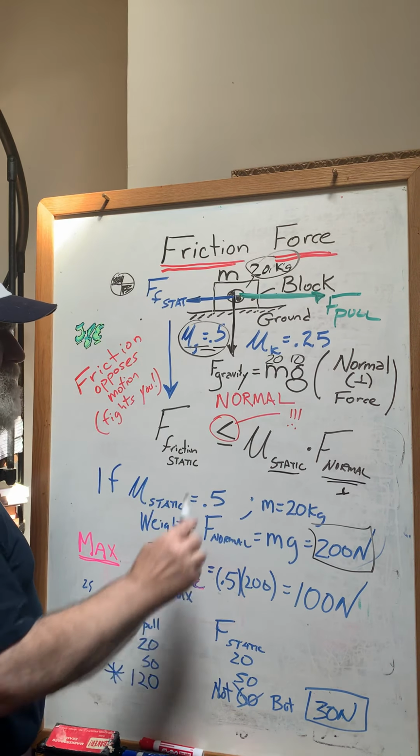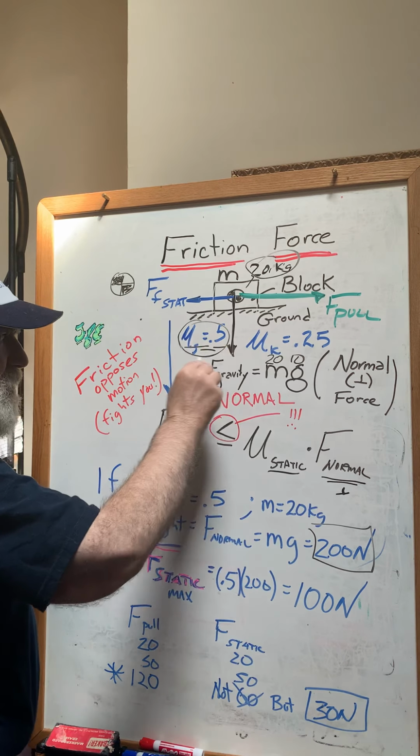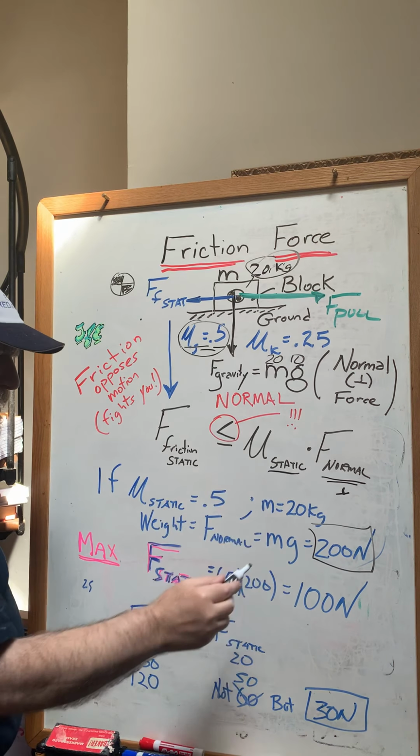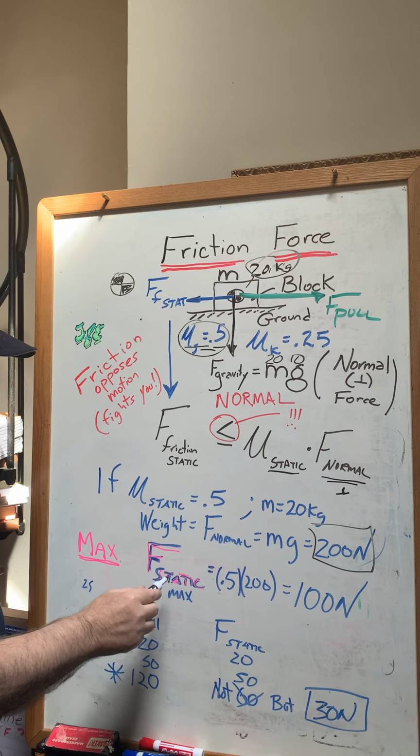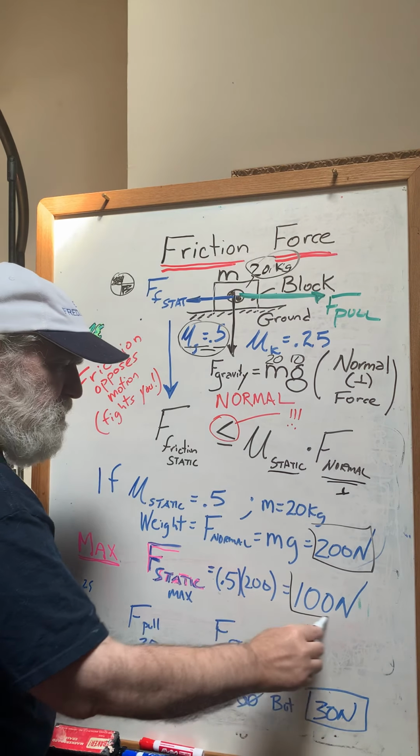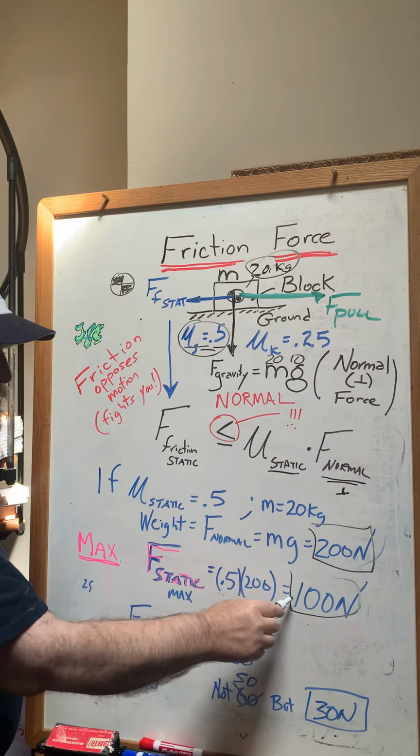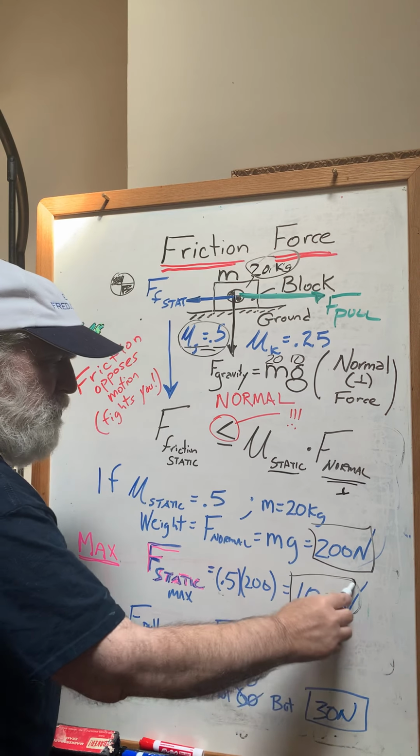If I multiply that by the static coefficient of friction, 0.5, I get the maximum amount of static friction force, which is 0.5 times 200, half of 200, which is 100 newtons.